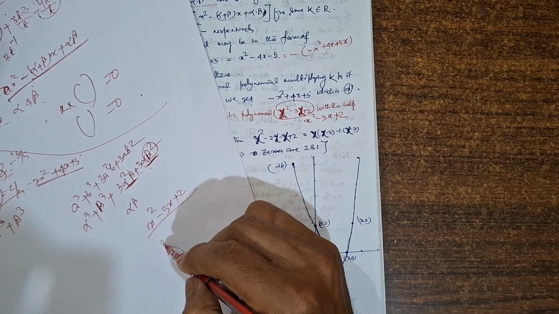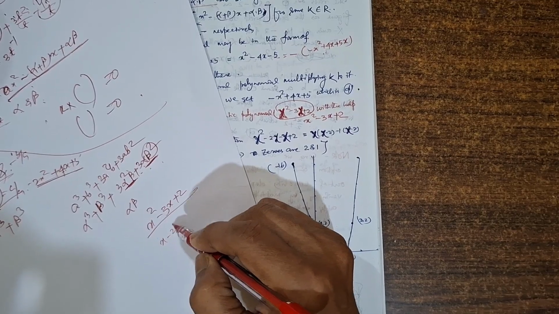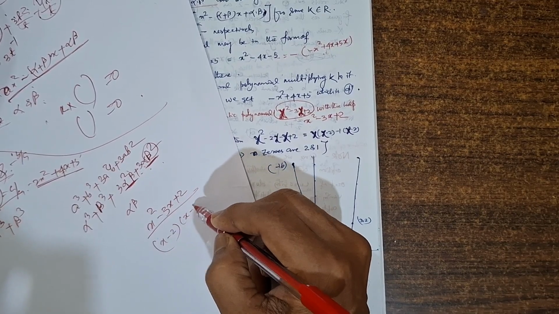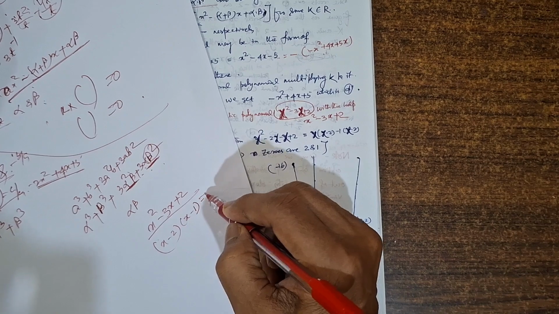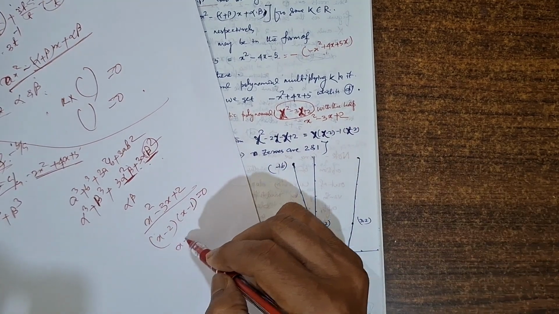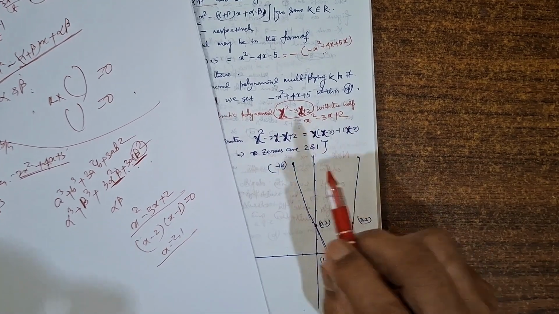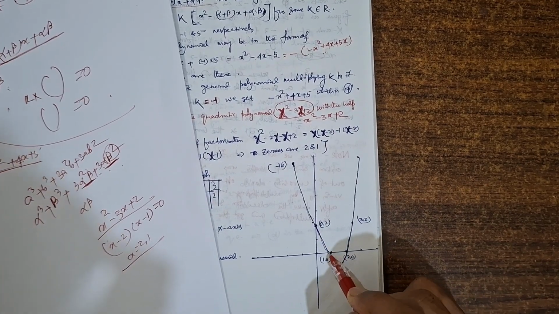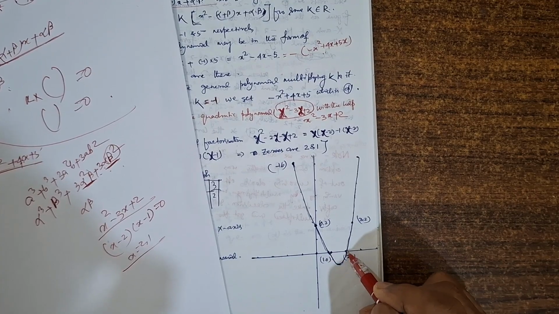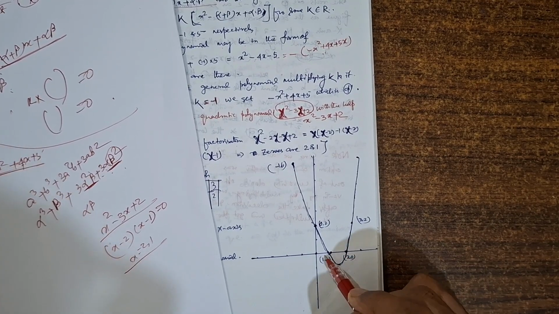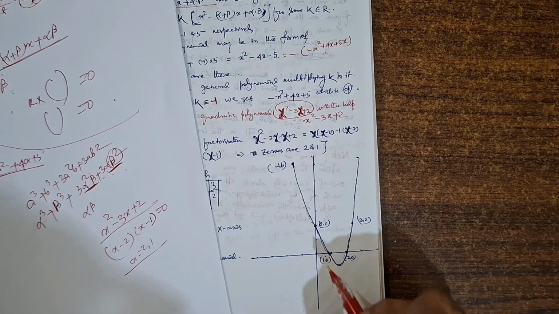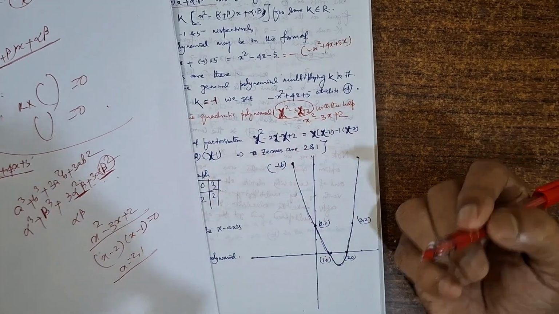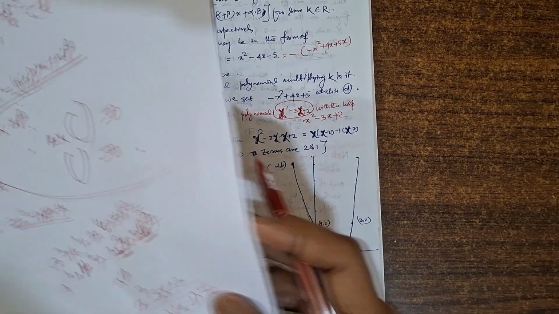By factorization, (x minus 2)(x minus 1) is equal to 0. Then x is equal to 2 and 1. Here it touches the x-axis, and these x coordinates will be the roots of the polynomial, where y is equal to 0.